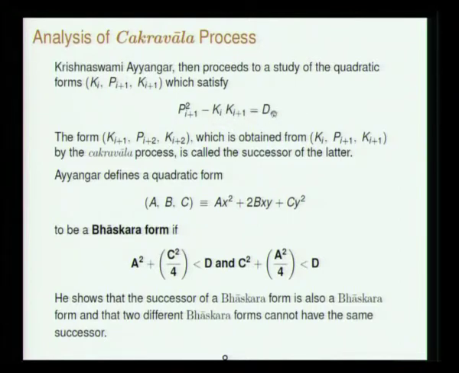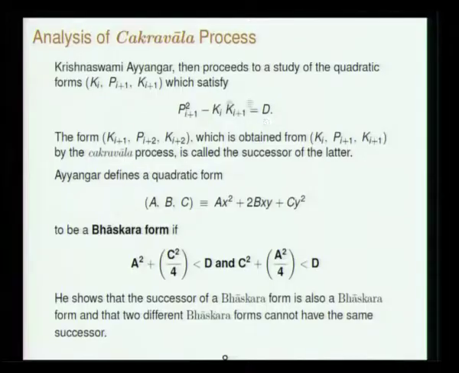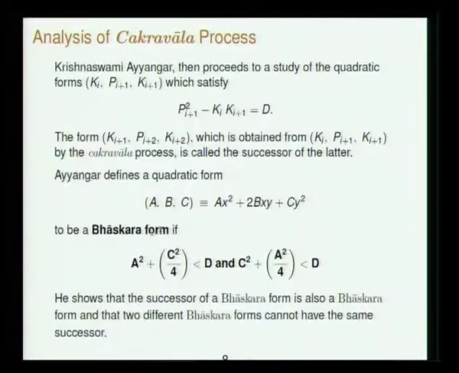Two quadratic forms are equivalent if b squared minus ac is the same for both of them. So you have a class of all quadratic forms of the form ki, pi plus 1, ki plus 1 such that they have this discriminant d. Then he defined a quadratic form to be a Bhaskara form when this kind of a condition is satisfied.